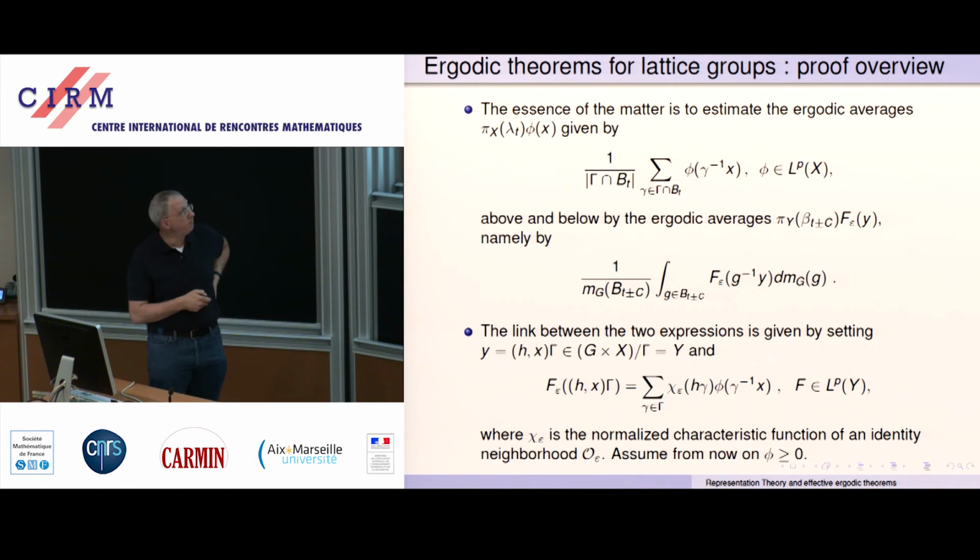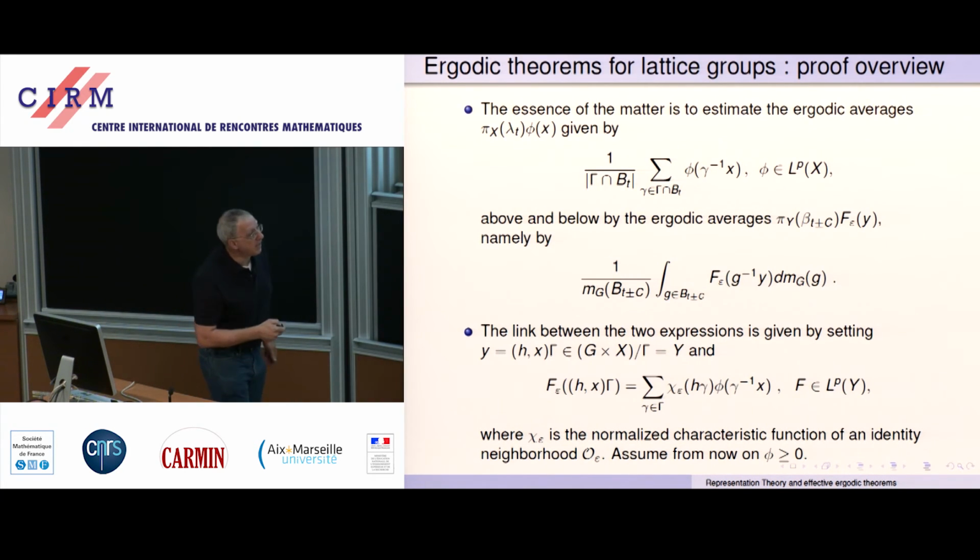We took a little bump function chi epsilon and we periodized it over gamma. Now we periodize with these weights. So it's a direct generalization of what we did before. We look at the translates of the bump functions and we periodize with these weights.